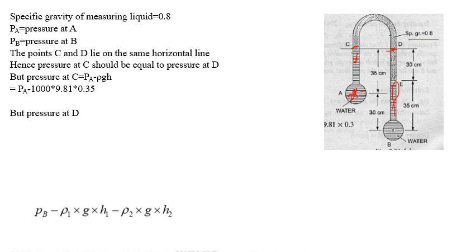So now the expression for that is P of B, the pressure at point B here, acting in the vertical direction, and the pressure for the height of 30 centimeter as well as 35 centimeter is acting in the downward direction. For that reason it is taken as a negative sign here, and the expression is now P of B minus rho 1 G into H1 minus rho 2 G into H2.